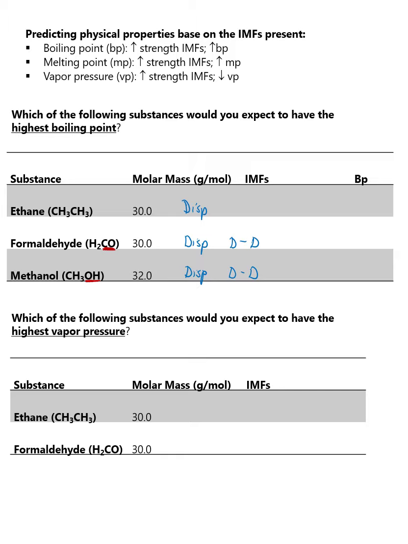That dipole-dipole between oxygen and hydrogen, it's a polar bond, that it's also a hydrogen bond, because it's oxygen bonded to hydrogen. So besides having dispersion and dipole-dipole, for that one you also have hydrogen bond.